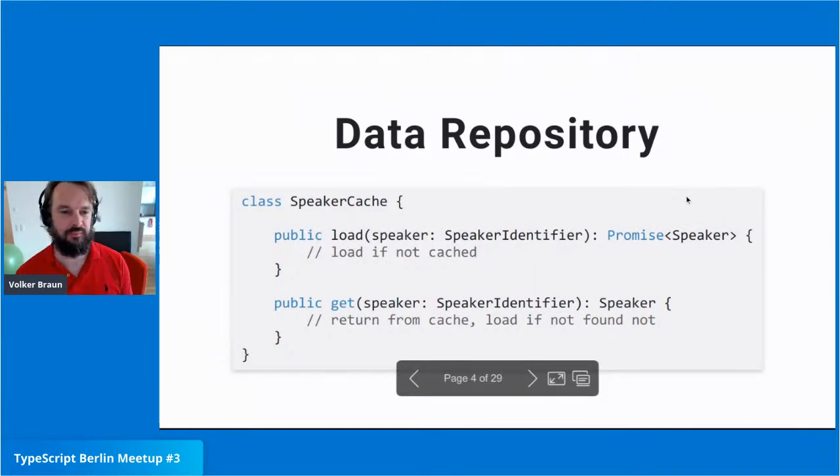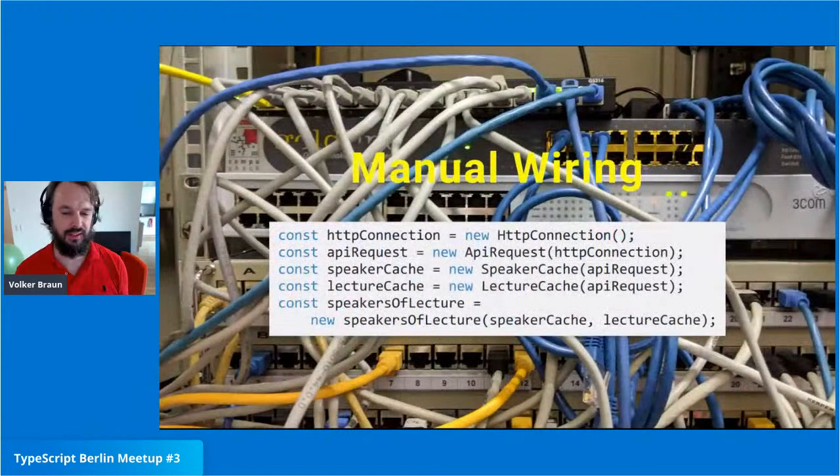All right, then the next step is, so you write all that. It's not particularly complicated. Then you'll find out, okay, I've got, of course, not just speakers, I've got lectures and whatnot, and I want to bunch those requests together.